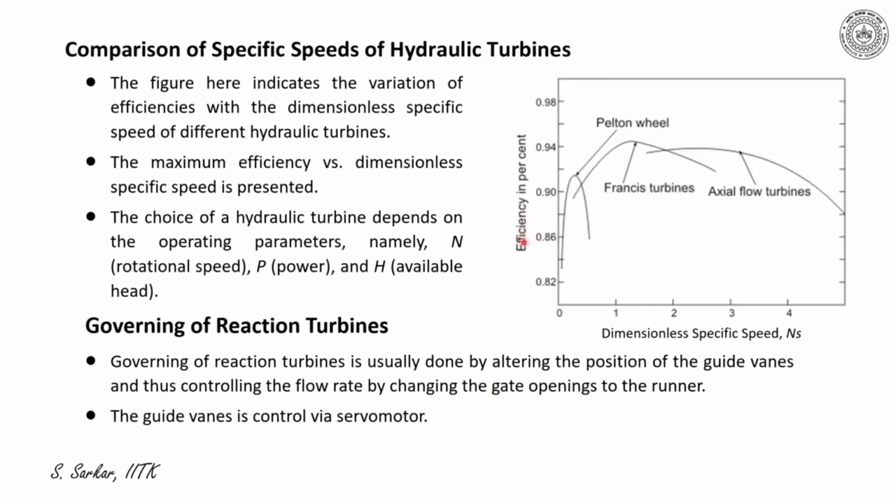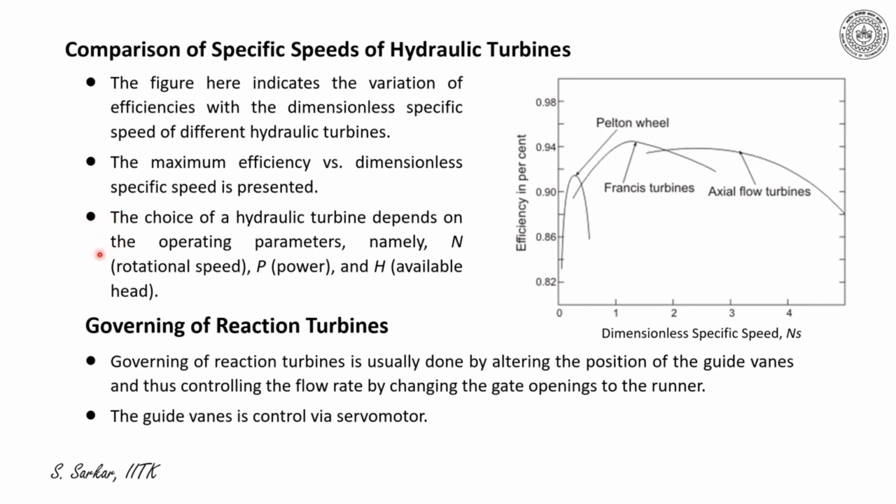The figure here presents the variation of efficiency against the non-dimensional specific speed for different kinds of hydraulic turbines. Here the maximum possible efficiency versus dimensionless specific speed has been presented.